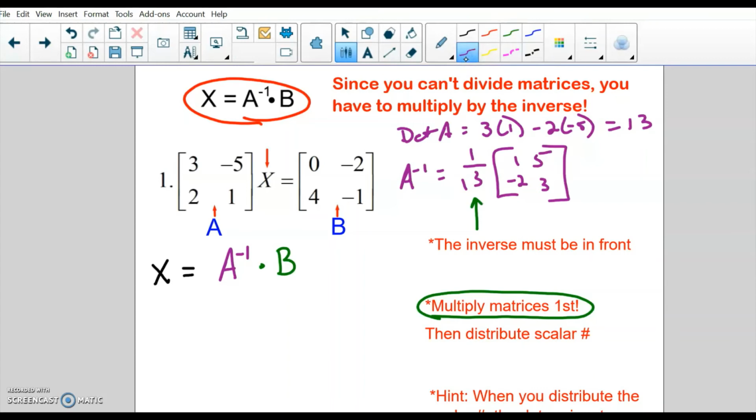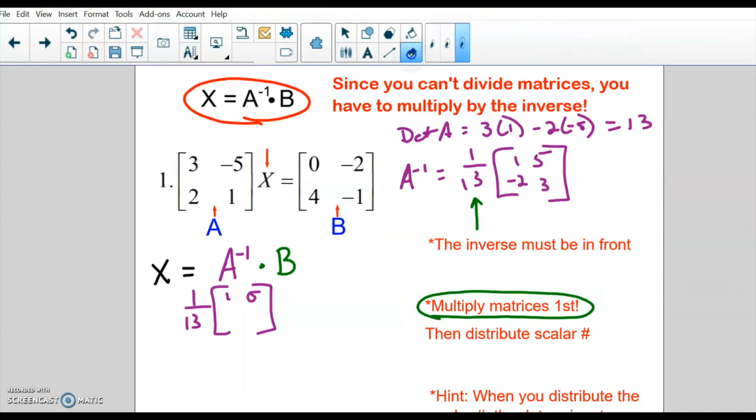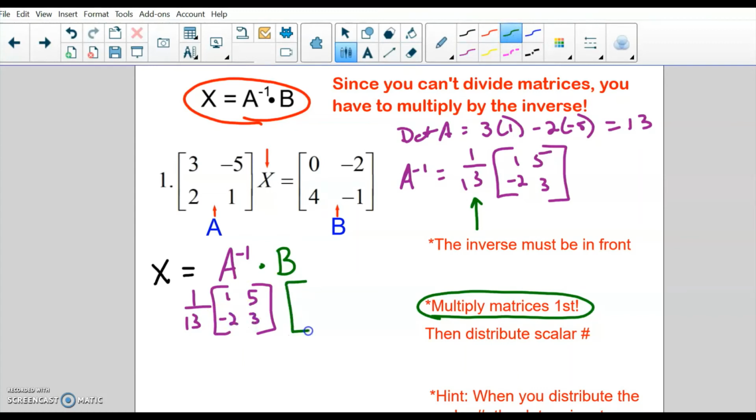So 1/13, and then we have 1, 5, 5, negative 2, 3, times the B matrix, 0, negative 2, 4, negative 1.